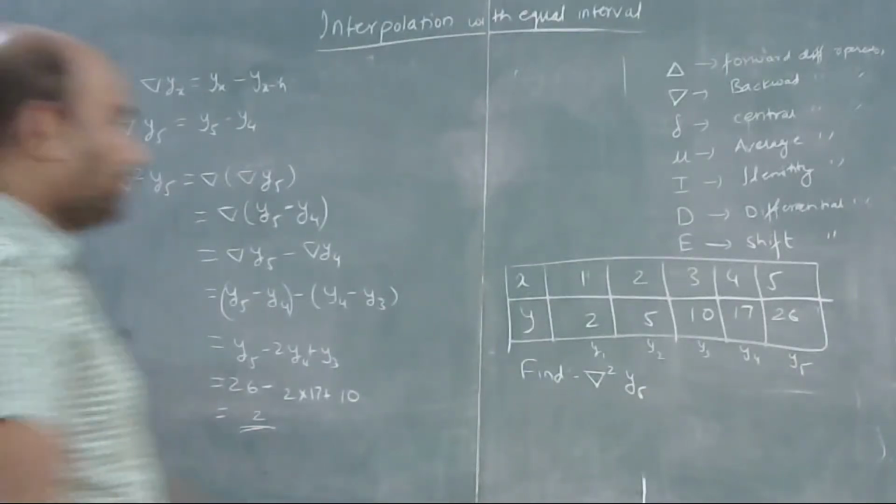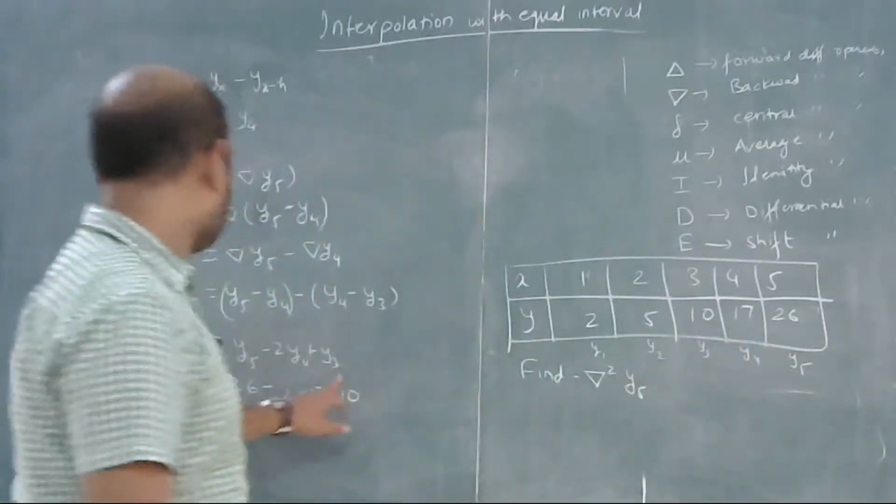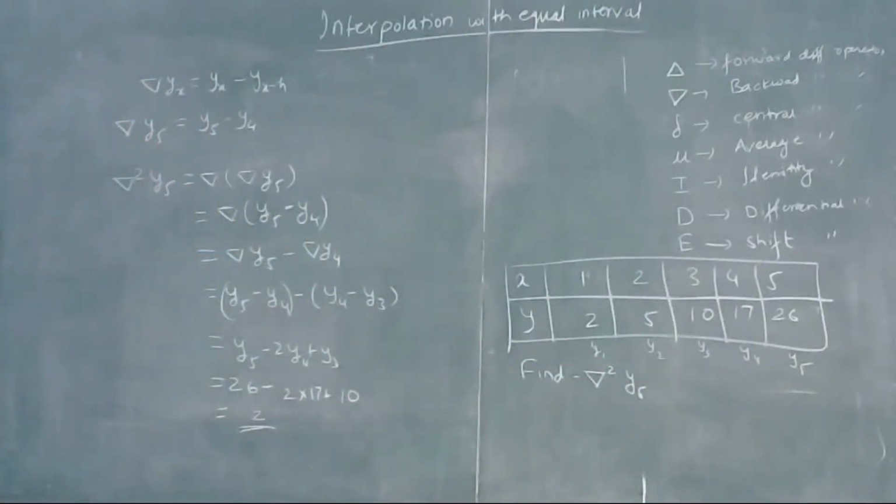So y5 is 26, y4 is 17, and y3 is 10. So you will get 2. Okay.